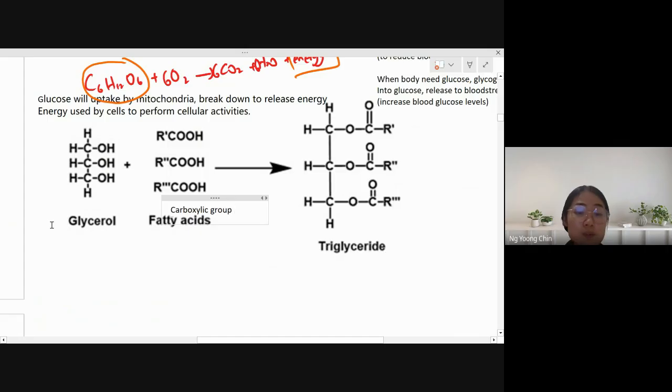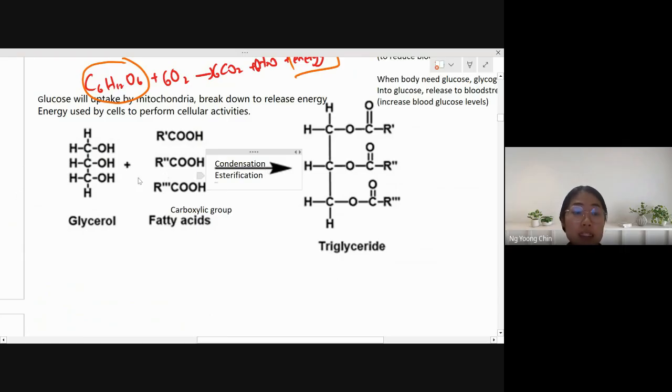So one glycerol with three fatty acids will form the triglyceride. This process we call condensation, which is the combination of one glycerol and three fatty acids, or we call it esterification. The glycerol and fatty acids are joined together by the bond we call an ester bond.